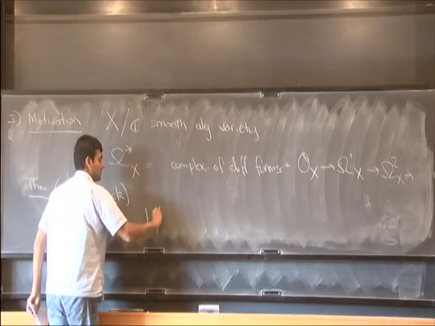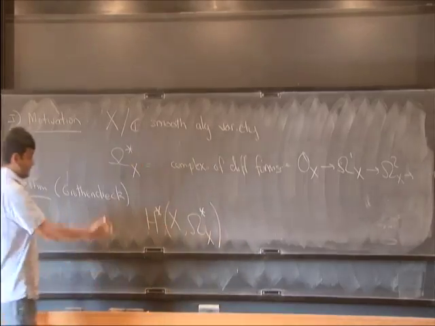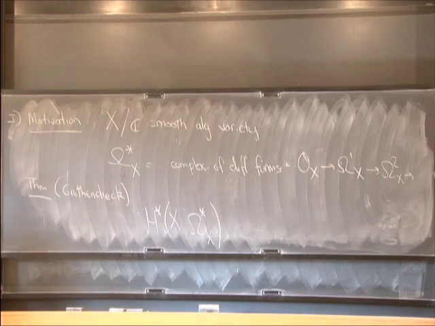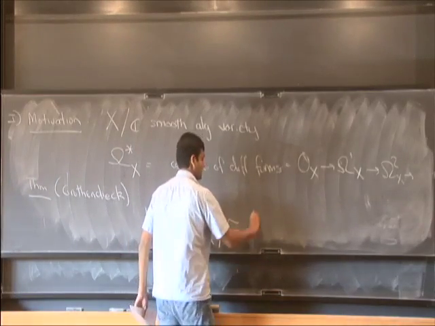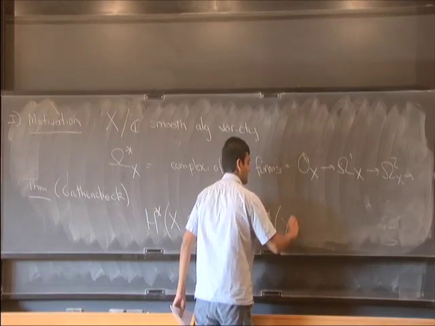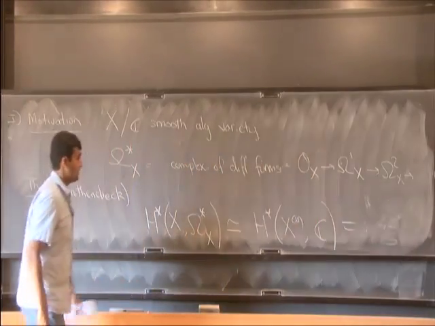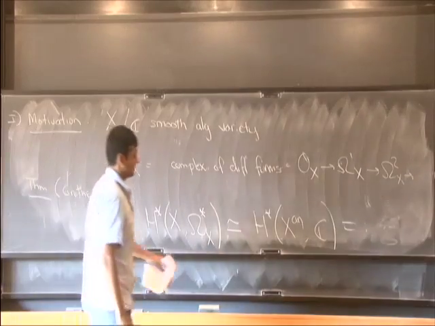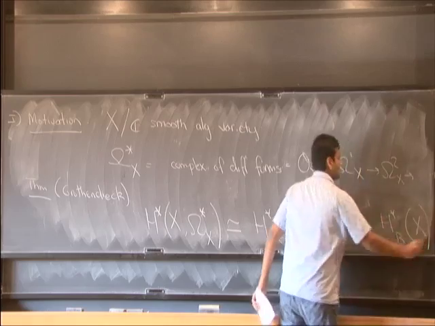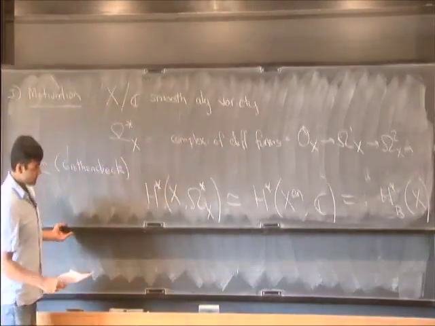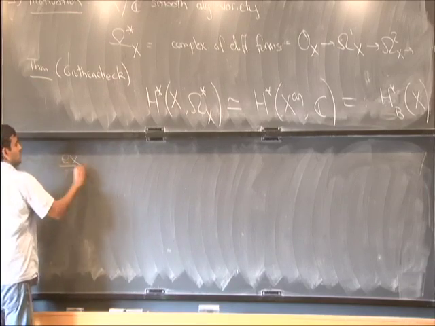It says that the cohomology of this complex, so here I'm implicitly working in the Zariski topology, is isomorphic to the Betti cohomology of the underlying topological space, with coefficients in the complex numbers. So I'm going to just give this object a name.